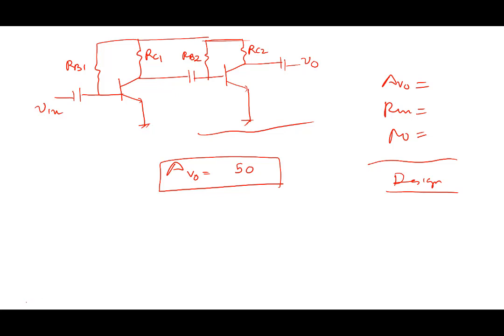Yes or no? Let me give you a homework problem. Homework problem is this. So for a single stage, yeah. Homework problem is the following. This is a standard single stage, RB, RC, V0, right?